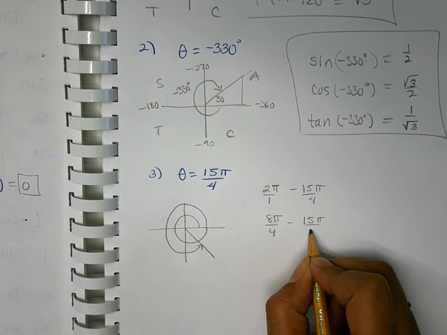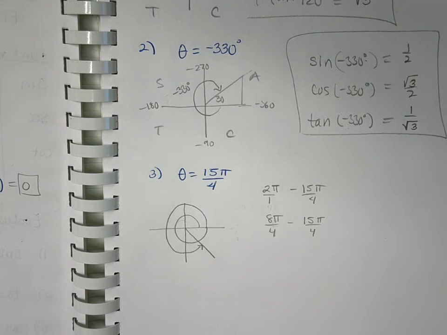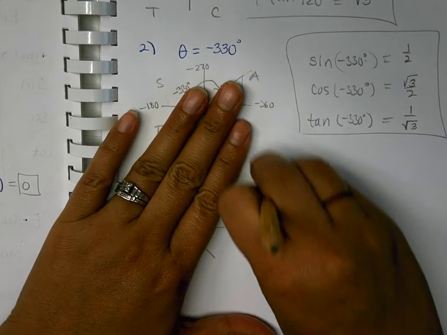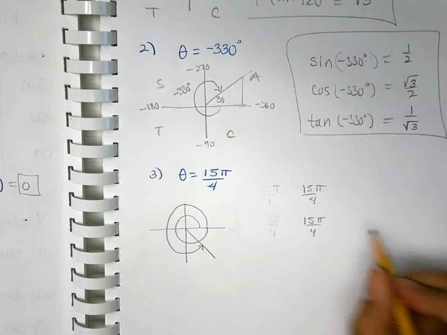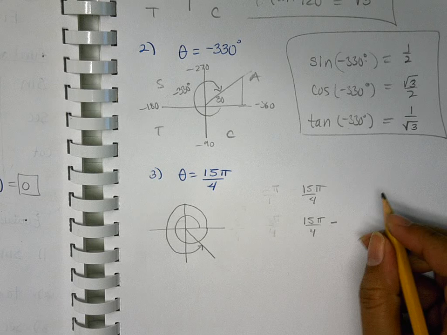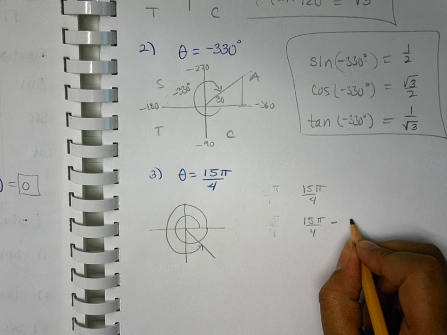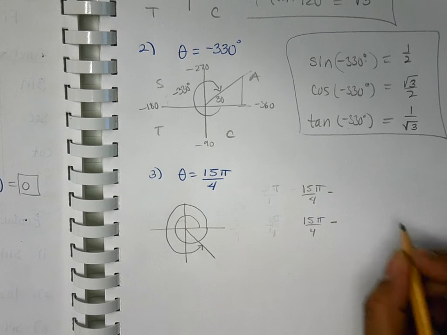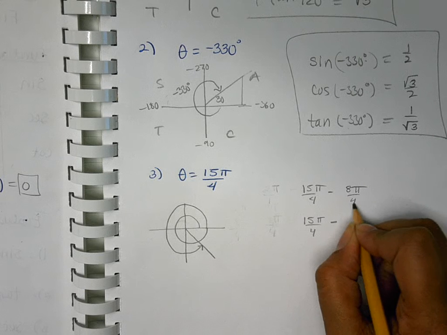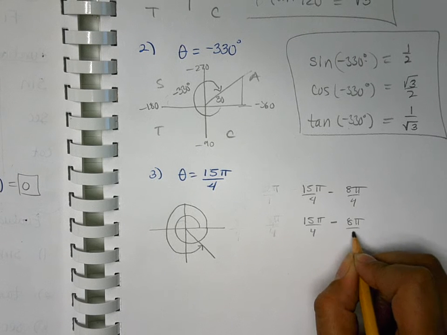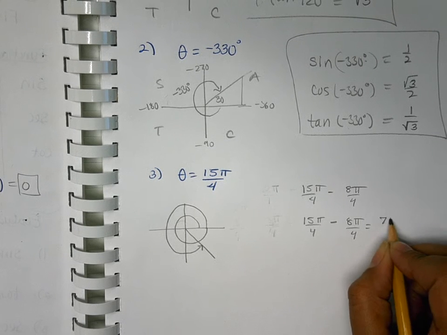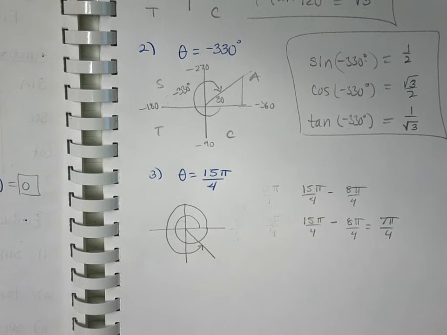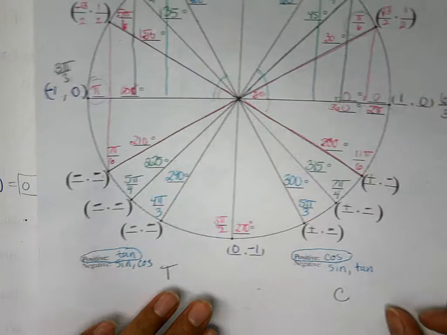Or the other way around, sorry. What's 15 pi over 4, take away 8 pi over 4? That subtracts to 7 pi over 4. And 7 pi over 4 is right here in quadrant 4.